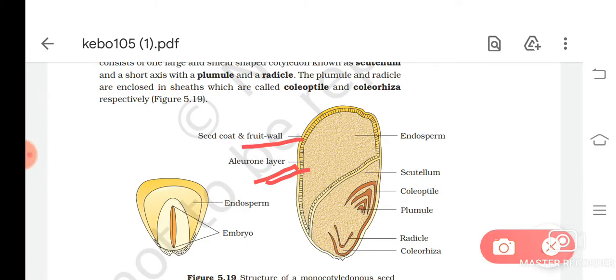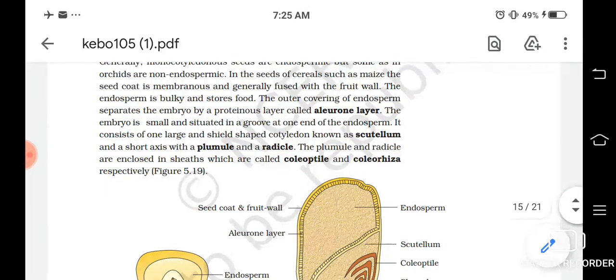It separates the embryo. The outer covering of endosperm, that proteinaceous layer that separates the embryo, that layer is known as what? Aleurone layer. Understood?